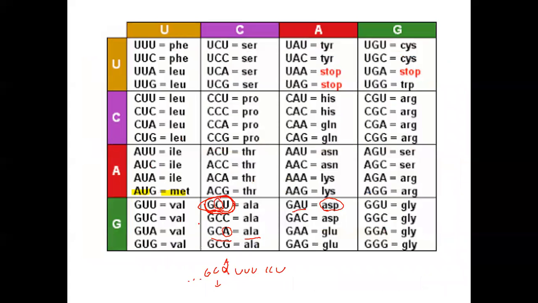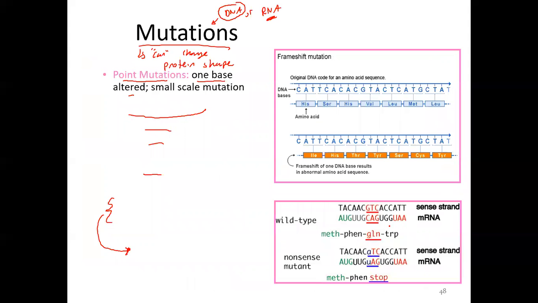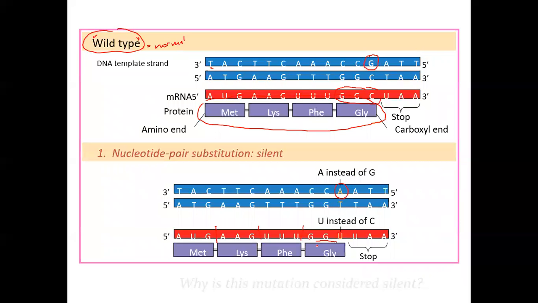So GGU codes for glycine, GGC also codes for glycine. So in this first example, the amino acid sequence is 100% the same. This is a nucleotide pair substitution, and we call it a silent mutation. No protein alteration because it codes for the same amino acid.